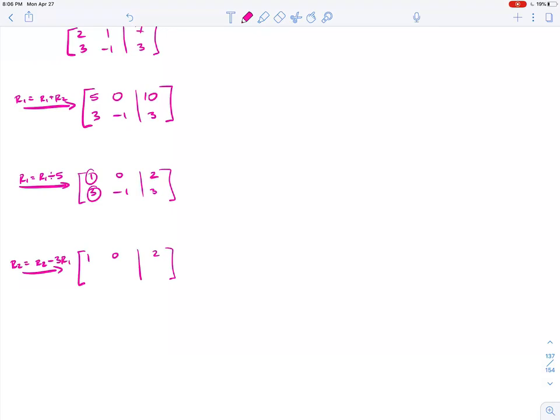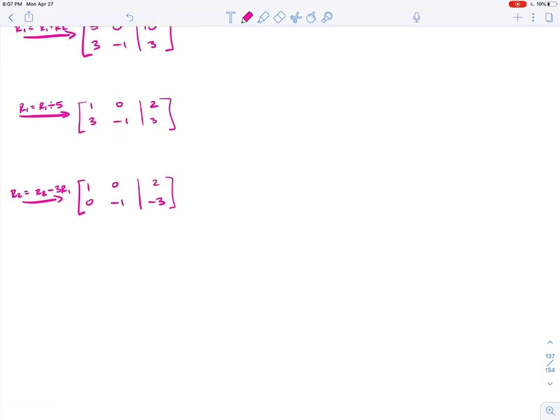So row 1 is the one I'm not changing this time. Row 2 minus 3, row 1. So this minus 3 of that is 0. This minus 3 of that is -1. This minus 3 of that, oopsie daisy, is -3.